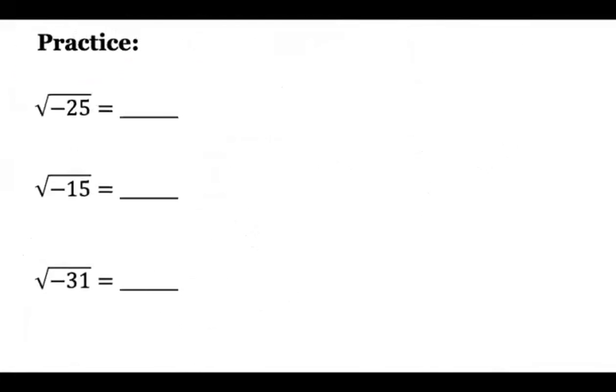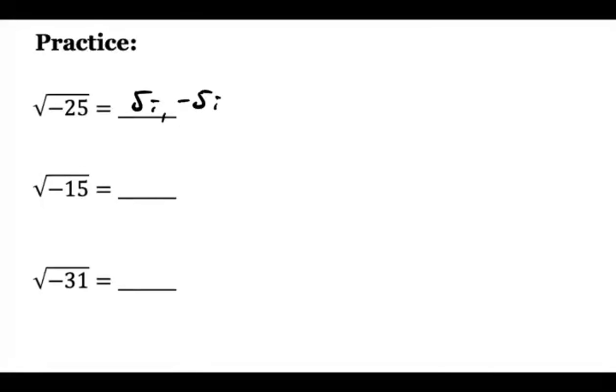So let's practice this here. What is the square root of negative 25? 5i and negative 5i because of the negative sign. Anytime you have a negative underneath the square root, you're going to have an i, guaranteed. That's the only way to solve it.